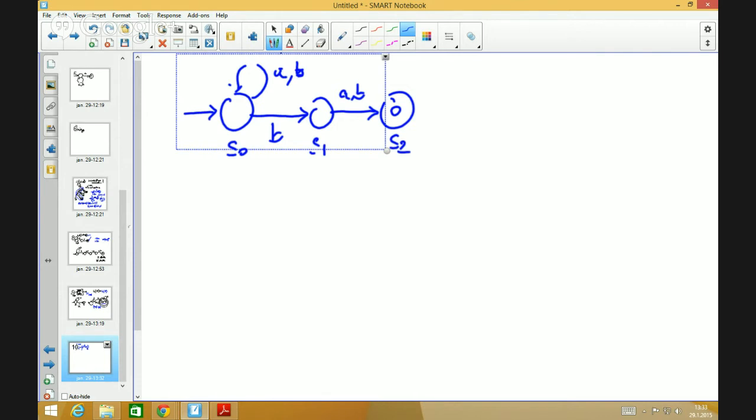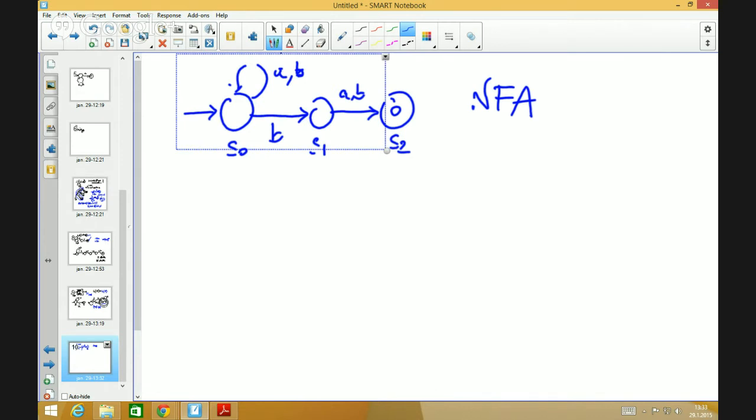There are 3 states now. Let's see what happens. So that's my NFA. I want to use the subset construction to convert it on the fly into a DFA which is equivalent to it.